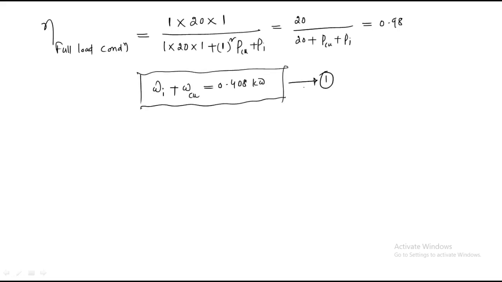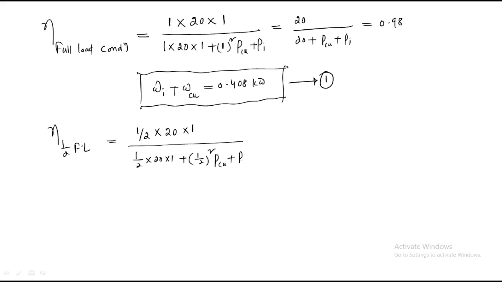This is equation 1. Like that we have to calculate efficiency at half full load. The x value is now 1/2, E2I2 is 20, power factor is 1. By half full load: 20 into 1 plus x square, 1/2 whole square, PCU we don't know, and PI. That is 20 by 10 plus PCU by 4 plus PI, which is the same, right, given that 0.98.